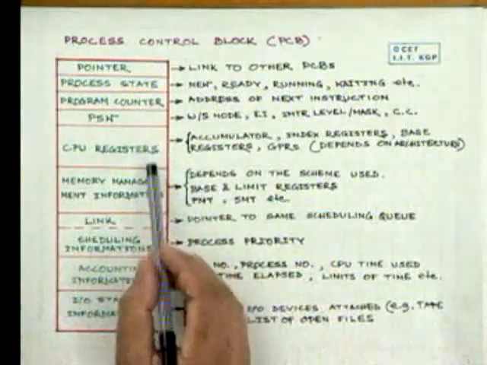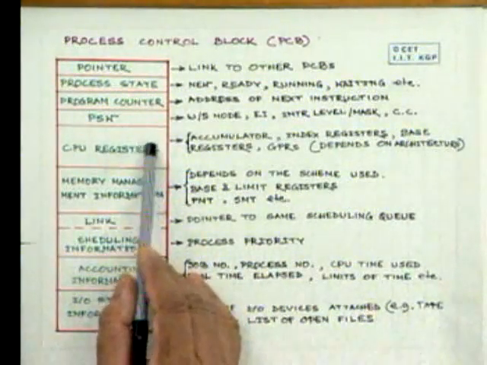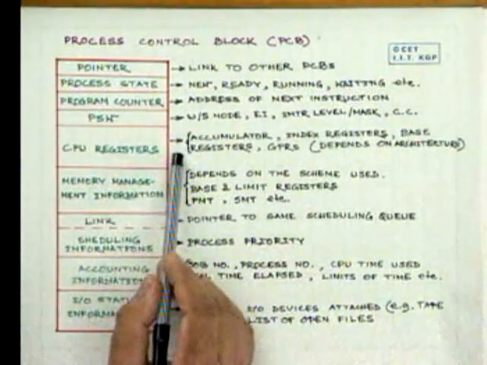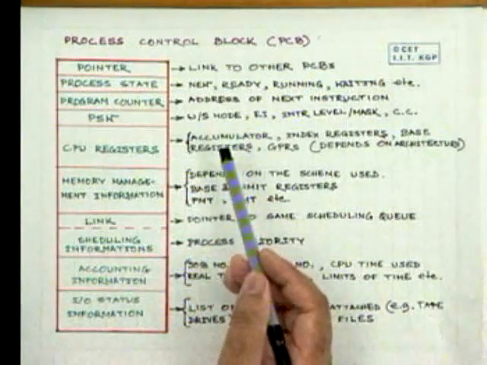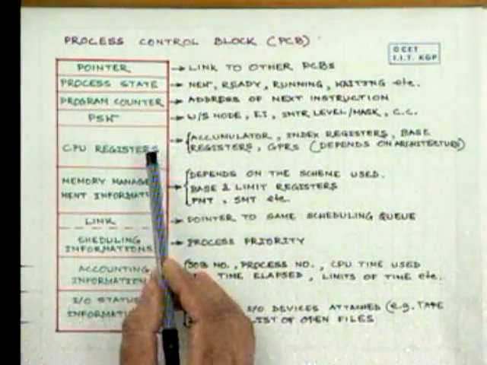Another important thing is that many central processing units have several sets of registers. That means if you switch from one process to the other, the register set is switched from one set to the other, and therefore no saving is necessary until the number of sets gets exhausted.